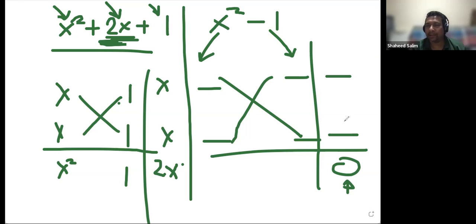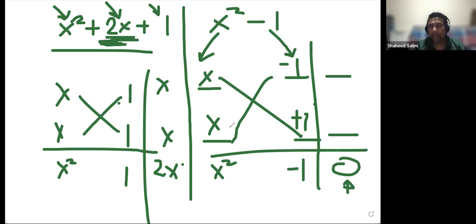Okay, I think we are taking a little bit long. Now, x times x is x squared. So this one is the third one. 1 times 1 is -1. Negative 1 times positive 1 equals -1. X times -1 is negative x.